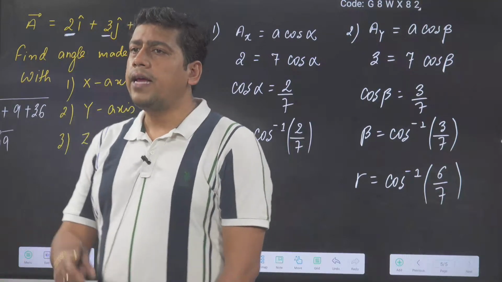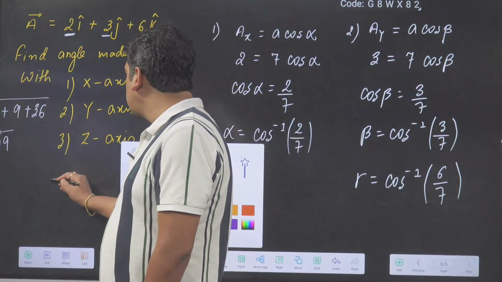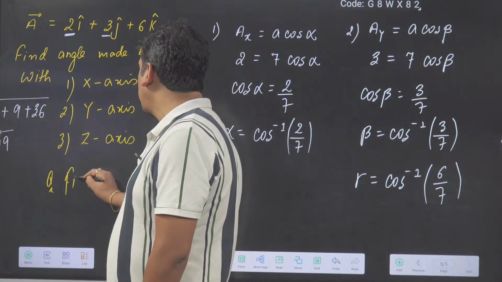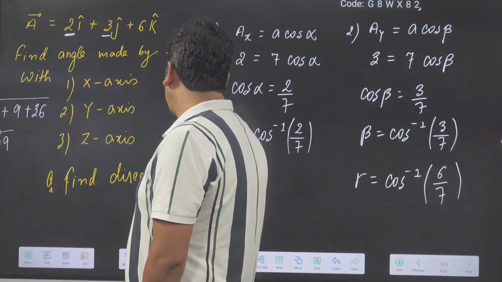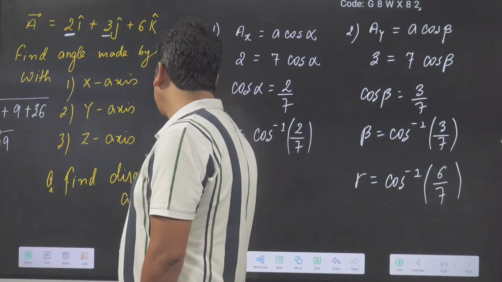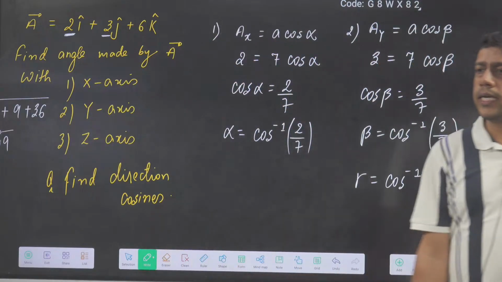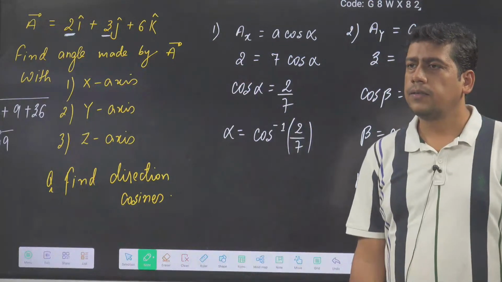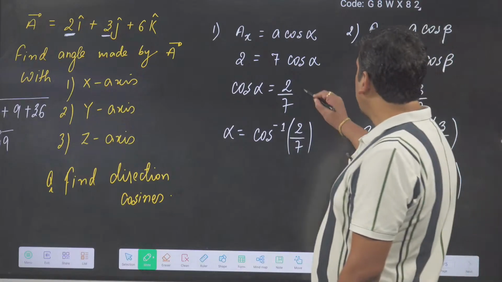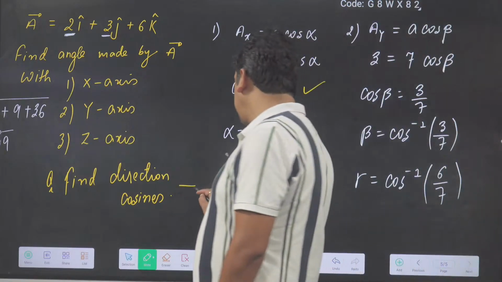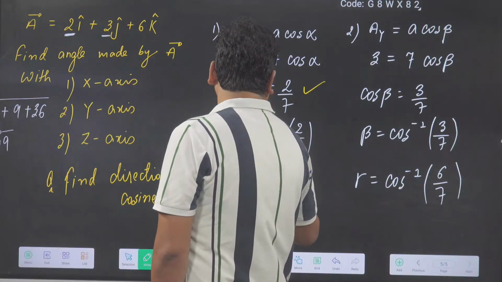So if I ask you to find direction cosines, what should have been the answers? The answer should have been 2 by 7, 3 by 7, 6 by 7.